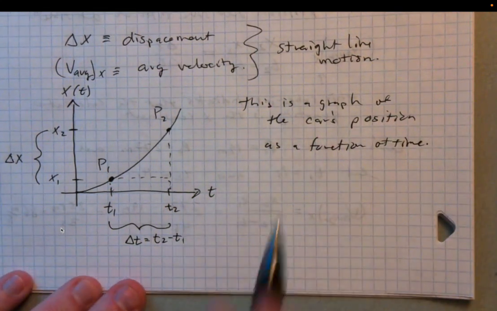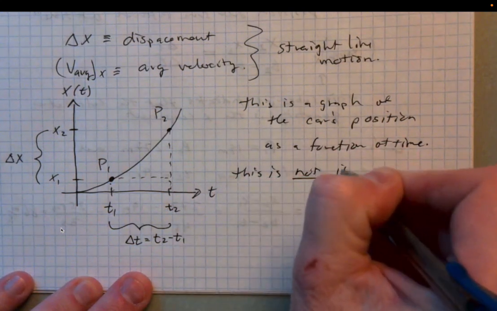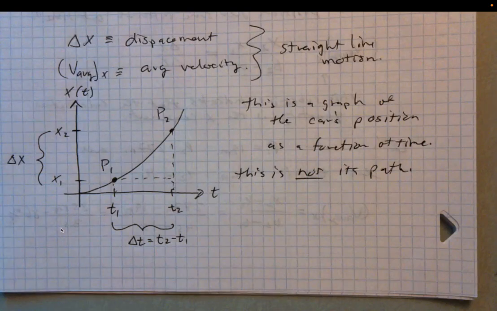Okay, this is not its path. Very important. This plot shows us how far away from the origin the car is at any specific value of t.